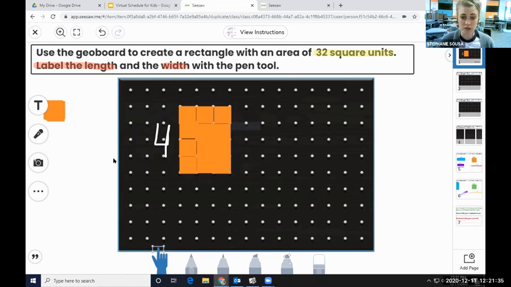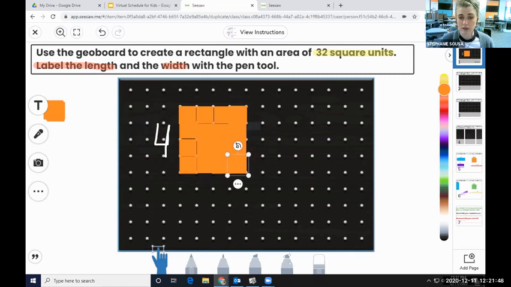I got to get up to 32, so I'm still not done. 13, 14, 15, 16. I'm still not at 32, so I'm going to keep going. 17, 18, 19, 20. I'm still not at 32, so I'm going to keep going.